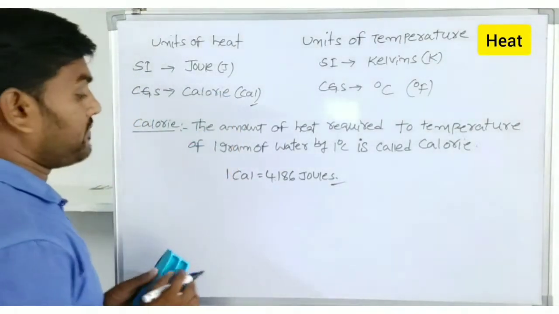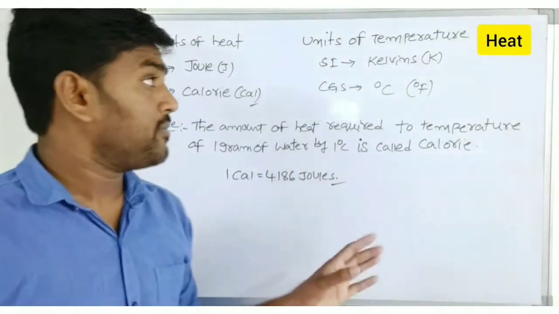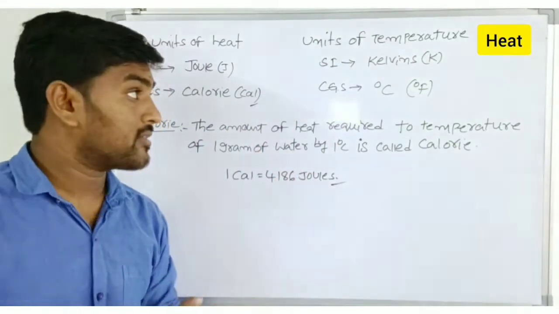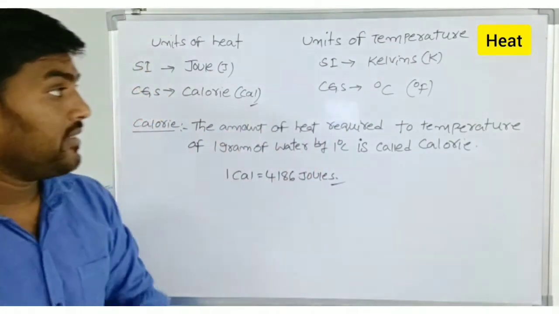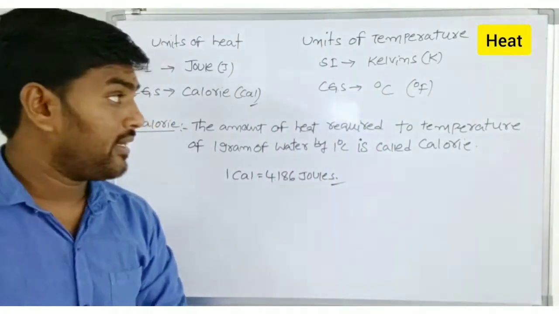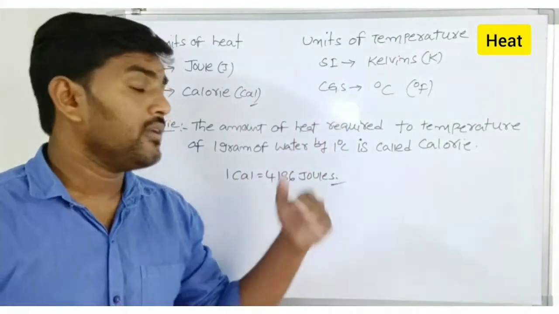And the next one, units of temperature. The simple definition of temperature: the degree of hotness or coldness is called temperature. SI unit is kelvin, CGS unit is degree centigrade. Degree centigrade can be converted into kelvin, and kelvin into degree centigrade.